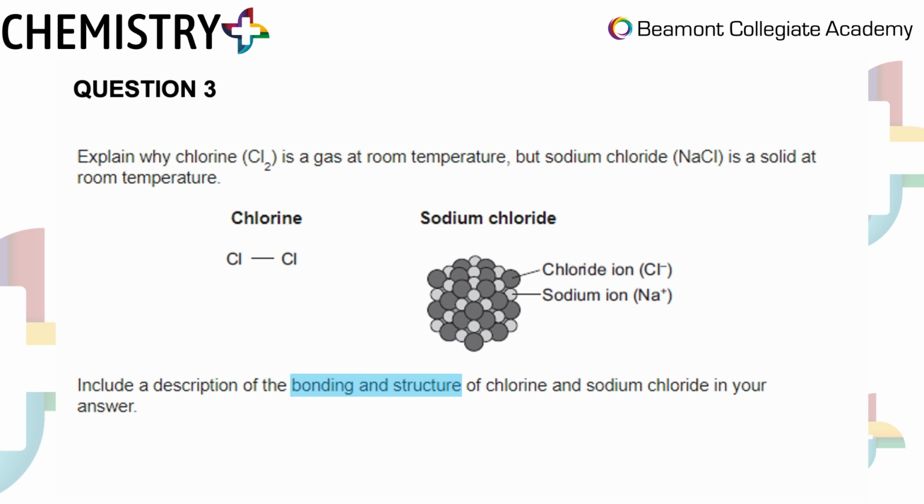Question 3. Again, a question looking at bonding and structure. Explain why chlorine, Cl2, is a gas at room temperature, but sodium chloride, NaCl, is a solid at room temperature.